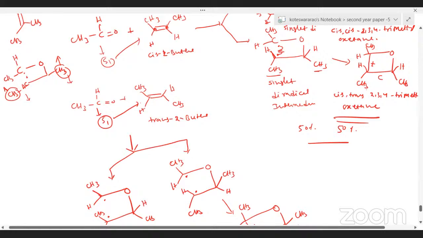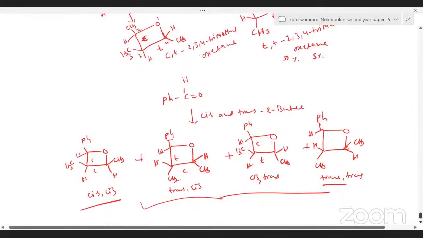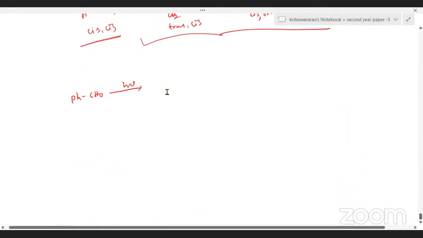Similarly, here also four products are generated in the case of benzaldehyde. But the reason is it undergoes three phenomena: bond rotation, spin inversion, and cyclization. First, you need to understand step by step.